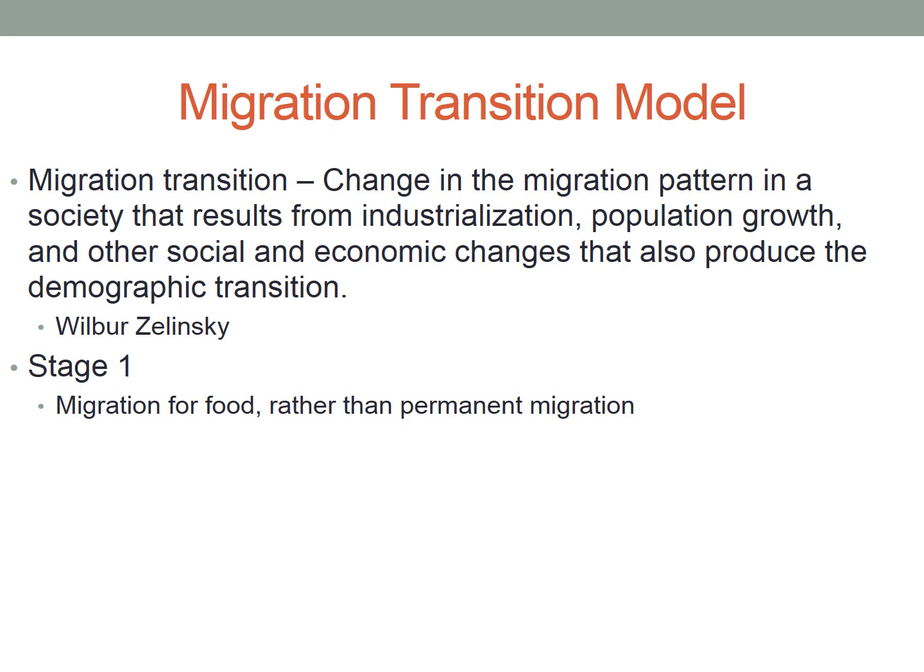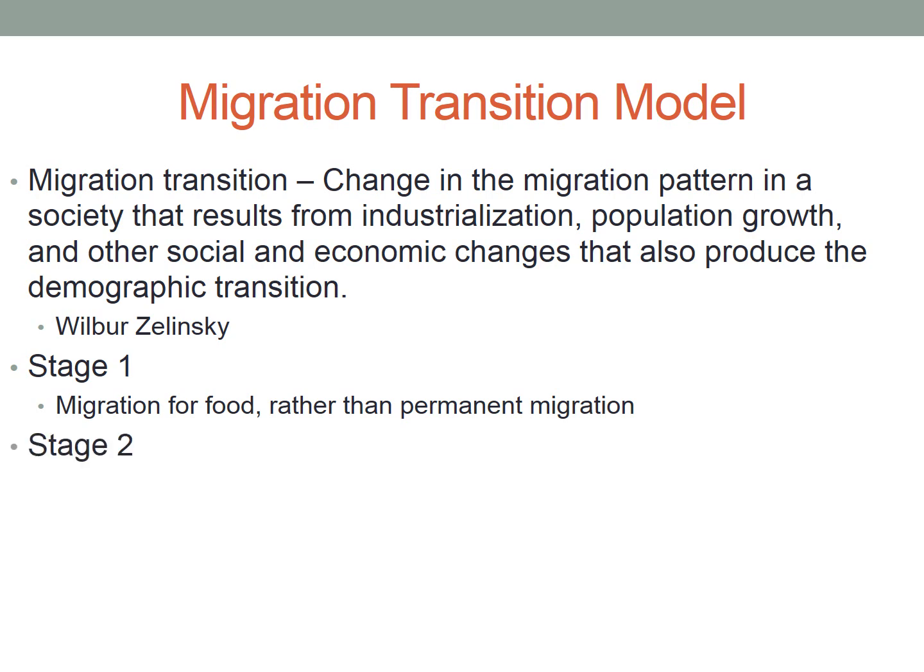So you didn't see a lot of people making those moves. And even the people that did, it wasn't massive numbers. So stage 1 really isn't characterized by a lot of migration. Very little migration. More characterized by moving around for food and things like that, but not permanent migration, not moving to a different city or country and things like that.